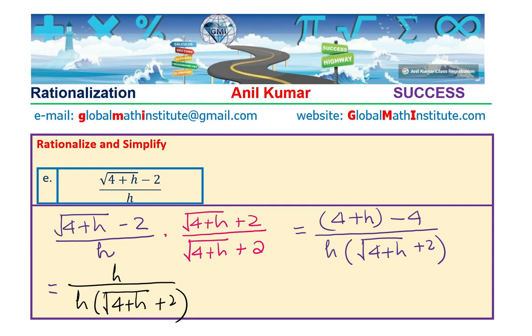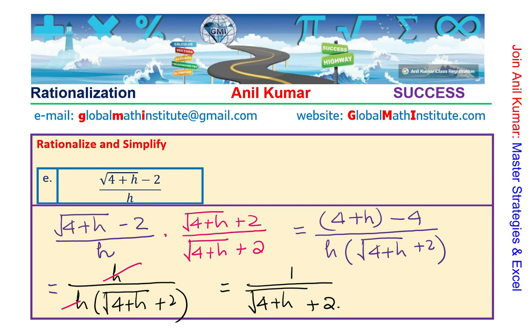As you can see, h and h will cancel, and therefore we can rewrite this expression as 1 over (square root of 4 plus h plus 2). You get the idea.